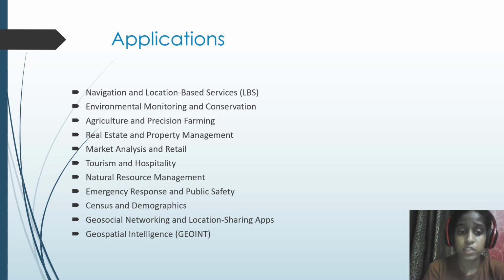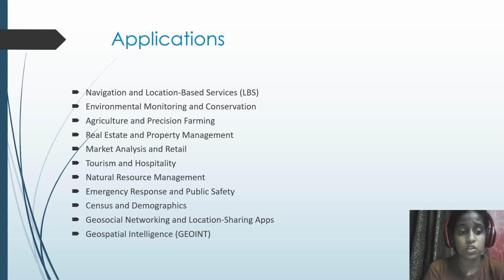It is also used in tourism and hospitality. It is used to develop informative travel guides and apps. It is also used in natural resource management, like managing forests, fisheries, and mineral resources. Emergency response and public safety.